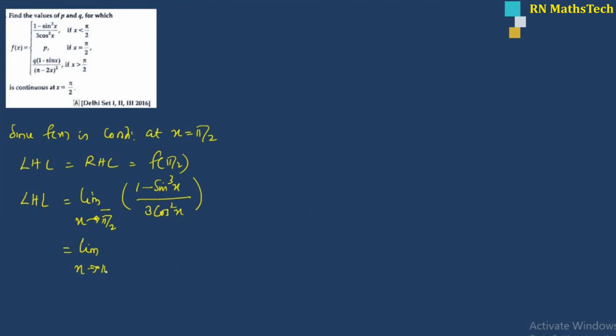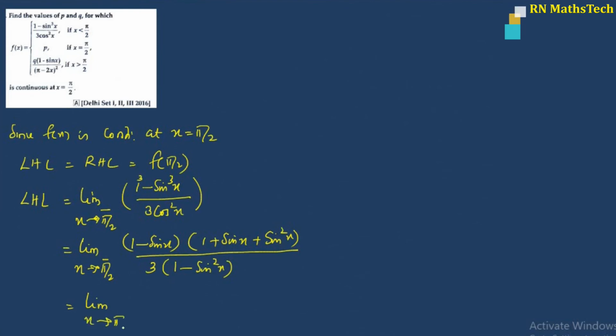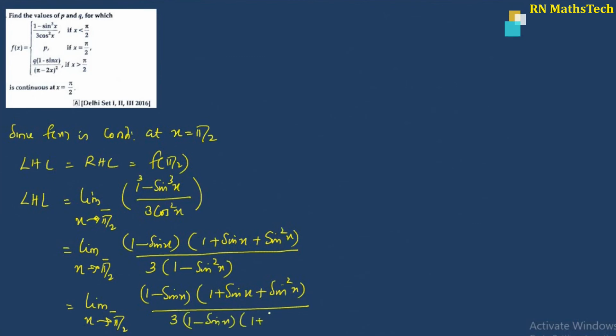That is equal to limit x tends to pi by 2 minus, where 1 cube minus sine cube x, using a cube minus b cube equals a minus b into a square plus ab plus b square, gives 1 minus sine x into 1 plus sine x plus sine square x, divided by 3 into cos square x, which is 1 minus sine square x, that is 1 minus sine x into 1 plus sine x.